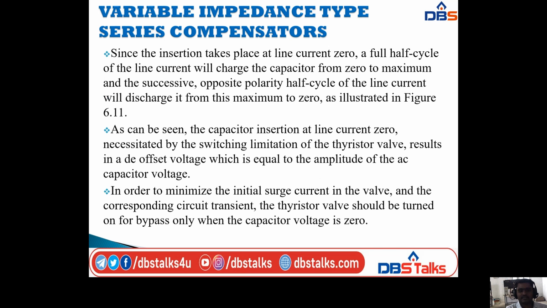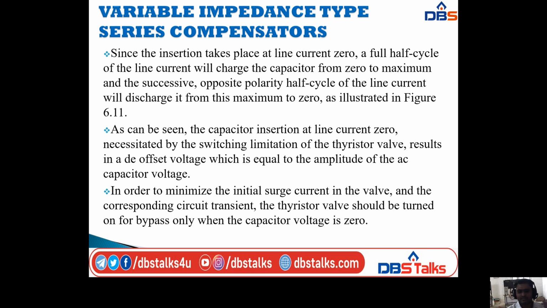Next, since the insertion takes place at line current zero, at the position where the line current crosses zero the insertion of the capacitor takes place. At that time, a full half cycle of the line current will charge the capacitor from 0 to maximum, and the successive, opposite polarity half cycle of the line current will discharge it from maximum to 0.